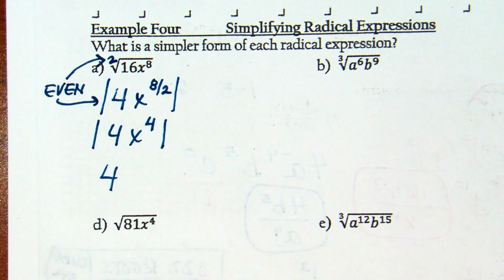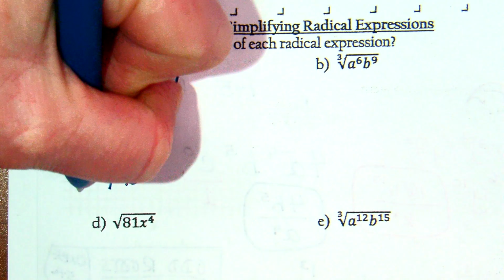Anything raised to the 4th power is automatically positive. So do I need absolute value to make x to the 4th positive? No, I don't care what x is. If I raise something to an even power, it's automatically going to be positive. So in this particular problem, we considered it, we talked about it, but we actually don't need any absolute value on any final answer here.